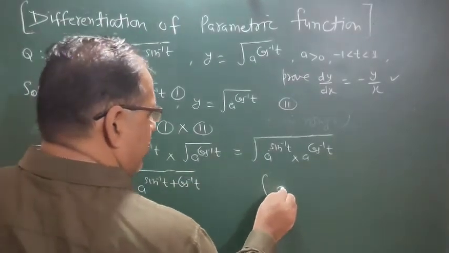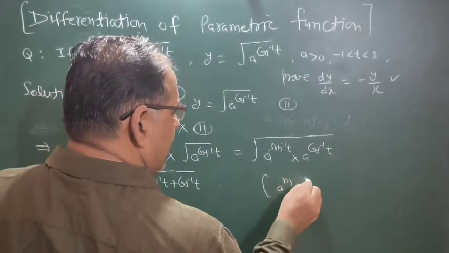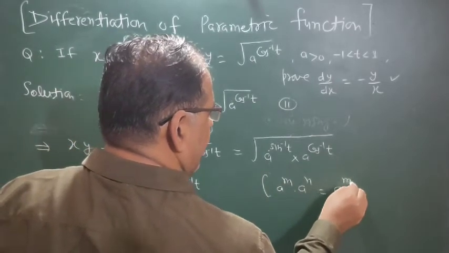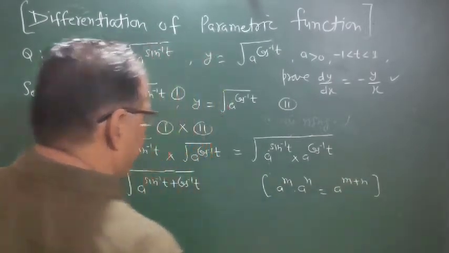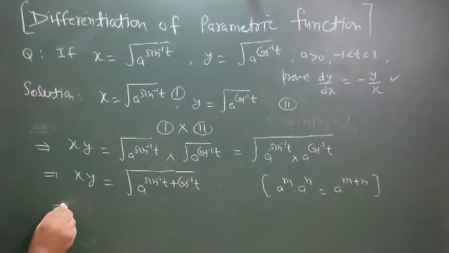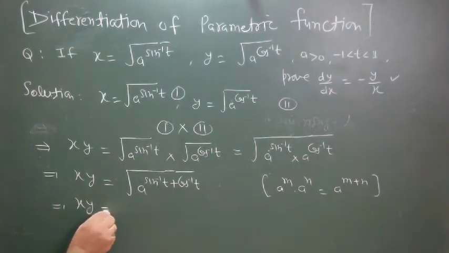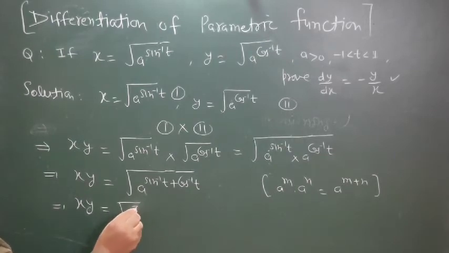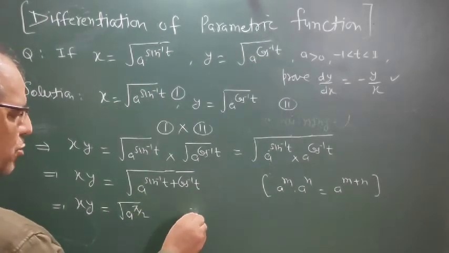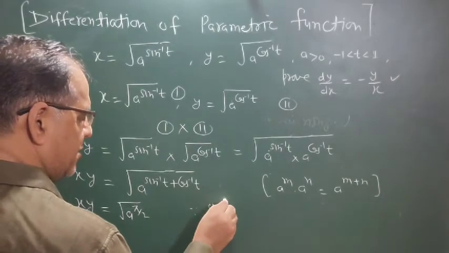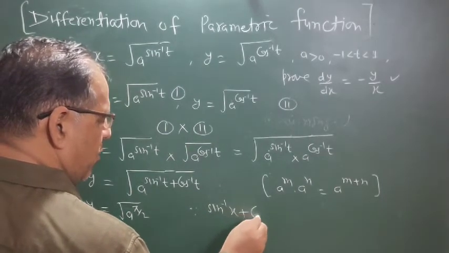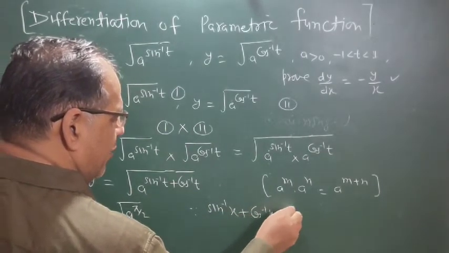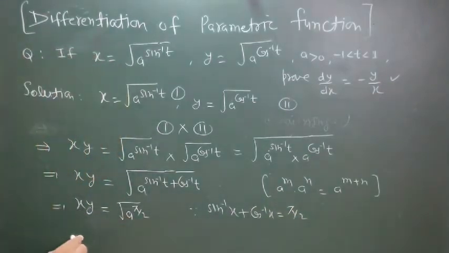as a to the power m into a to the power n can be written as a to the power m plus n. Now we have the property of inverse trigonometric functions. This can be written as a to the power pi upon 2, because we have sin inverse x plus cos inverse x equal to pi by 2. So now differentiate.